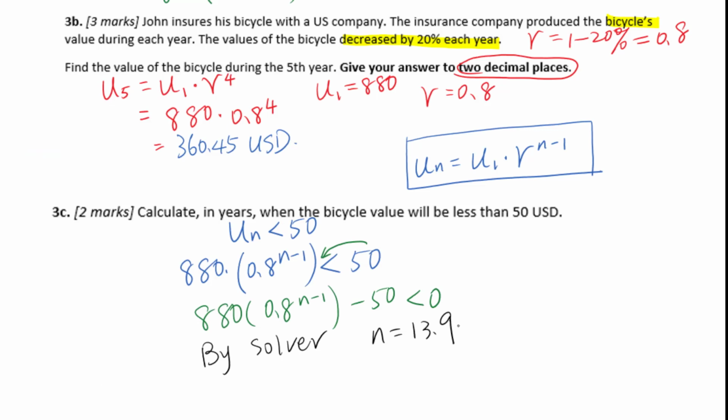Since n is a natural number, either n equals 13 or n equals 14. We need to check which one is the correct answer. Remember, we are looking for less than 0. So when we plug in n equals 13 or n equals 14, which one makes this inequality true? Then that will be our answer.